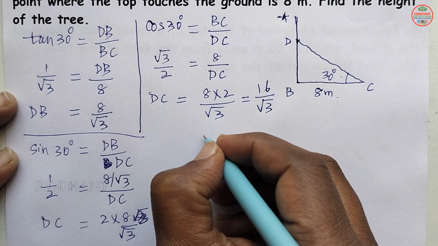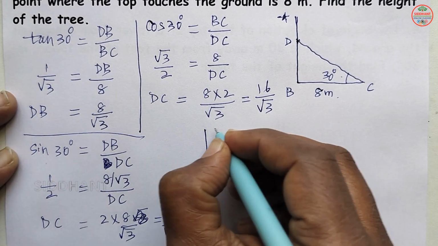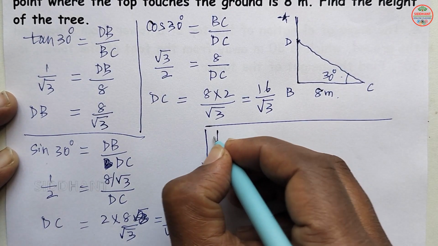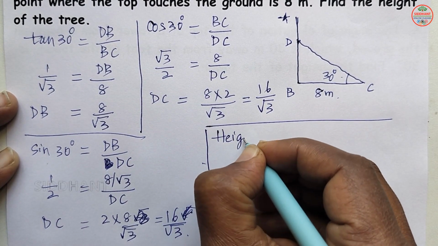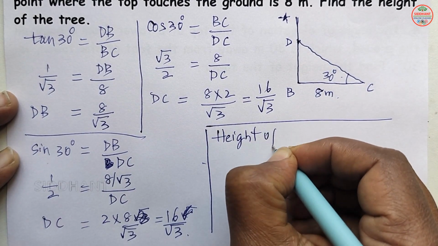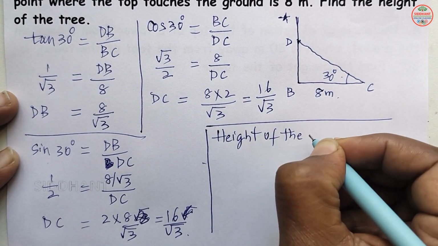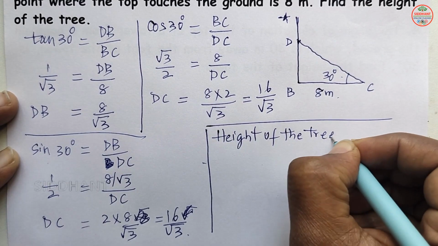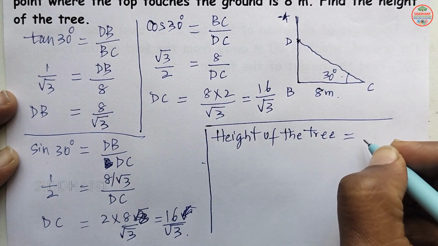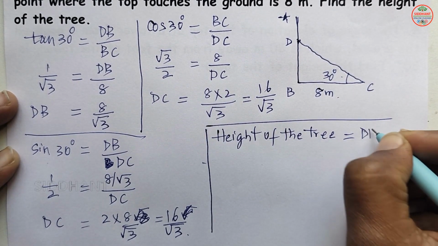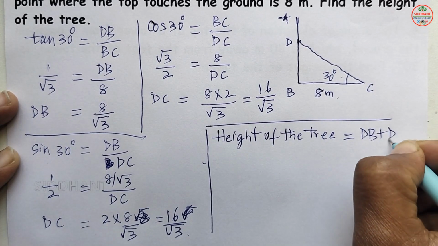So the height of the tree is equal to DB plus DC.